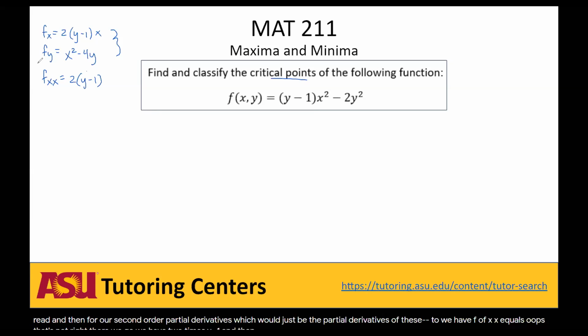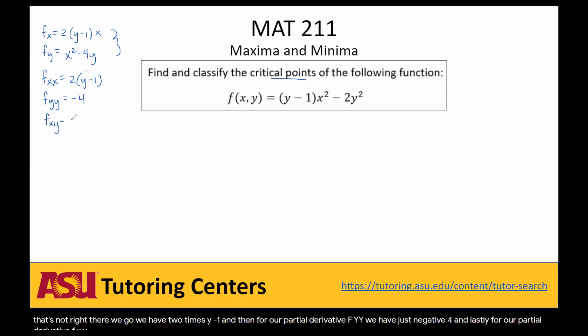And then for our partial derivative fyy, we have just -4. And lastly, for our partial derivative fxy, which in this case is going to equal fyx, this is just going to be 2x.